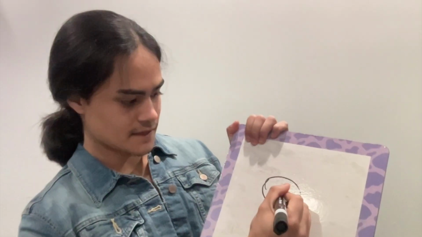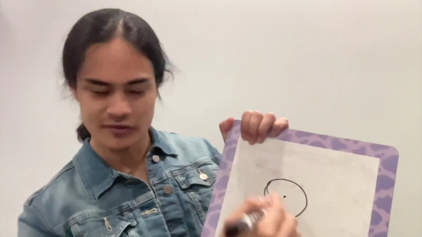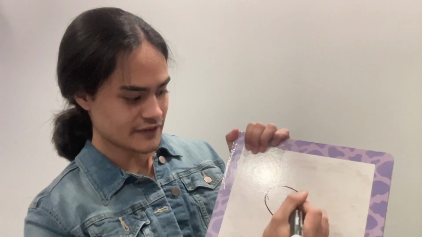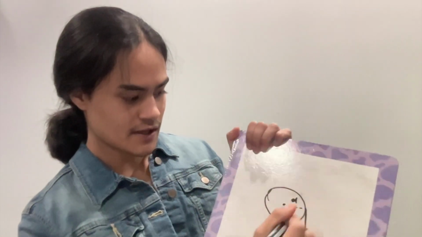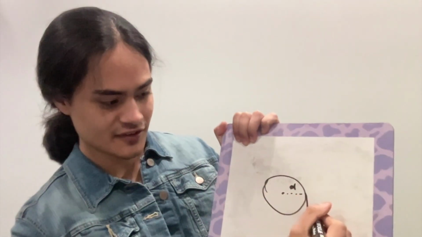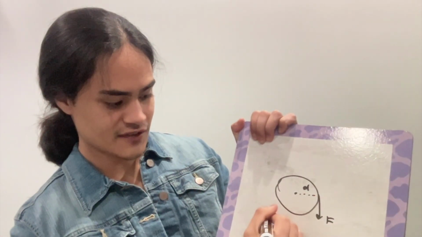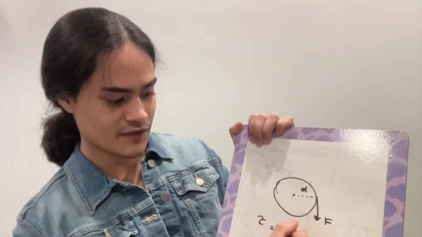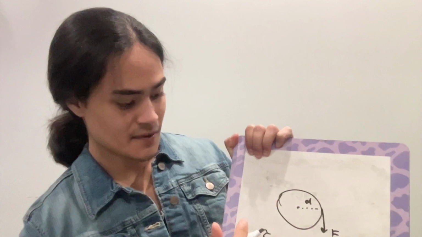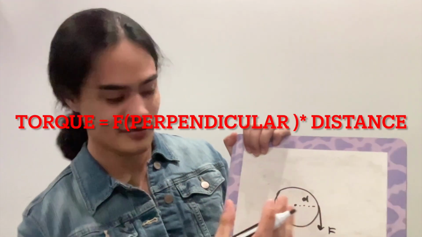But let's say you have a little wheel, and you apply a force to this, at a distance, let's call it D. That's going to cause a torque on the axis, which is going to be equal to the force times D. However, the force has to be perpendicular to the axis of rotation.